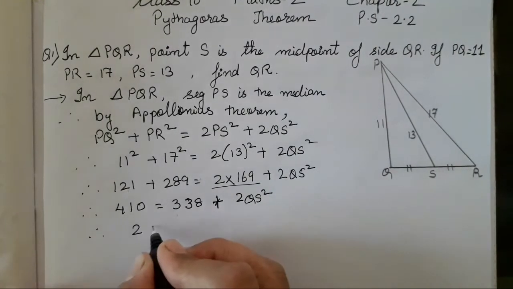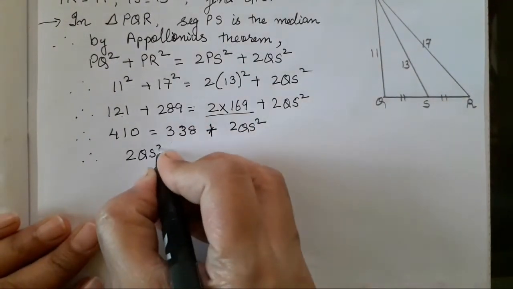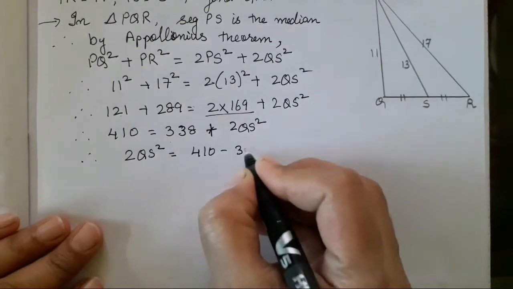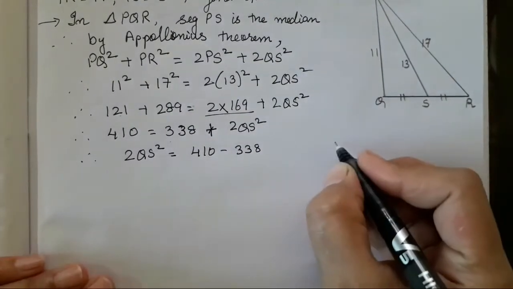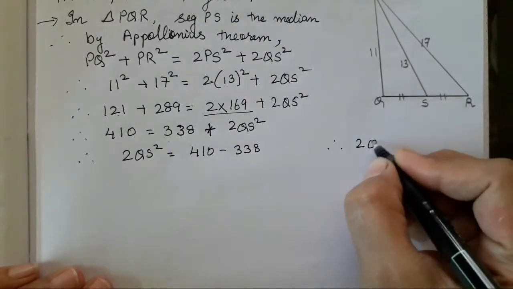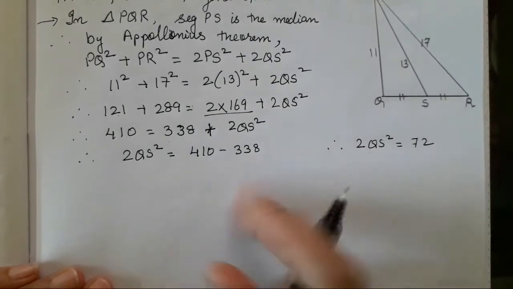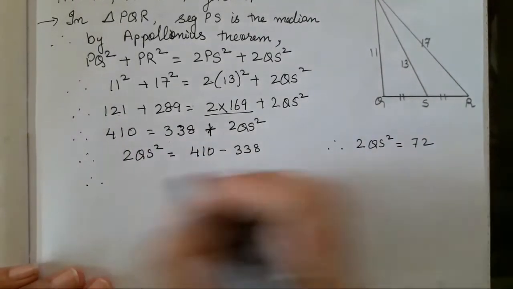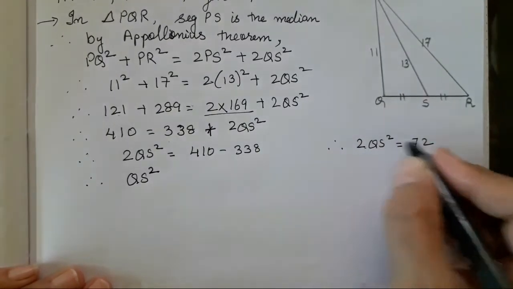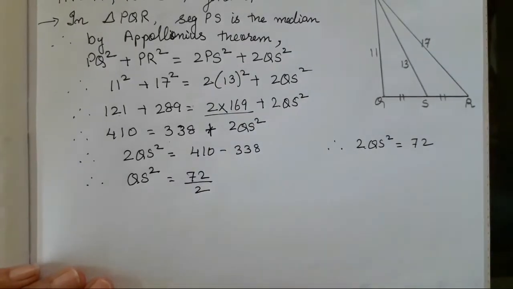Now let's take 338 to the left hand side, that is 410 minus 338. So therefore 2QS square is going to be 72 when you subtract it. After subtraction, now you all have to find QS square. 2 will move to the right hand side, so multiplication changes to division.